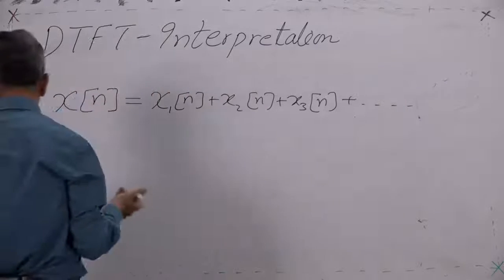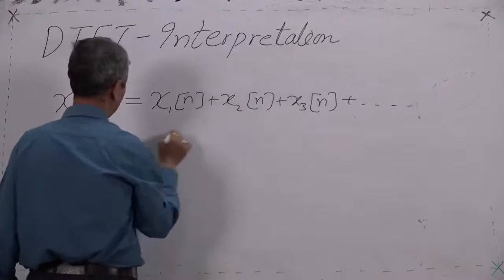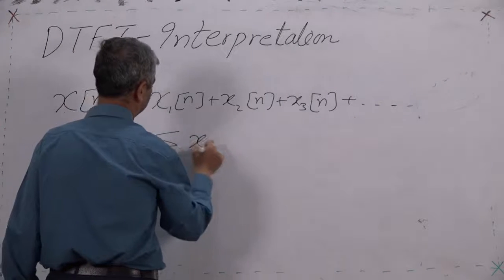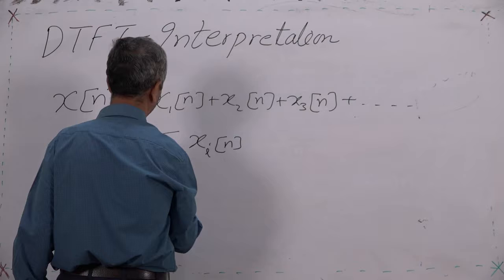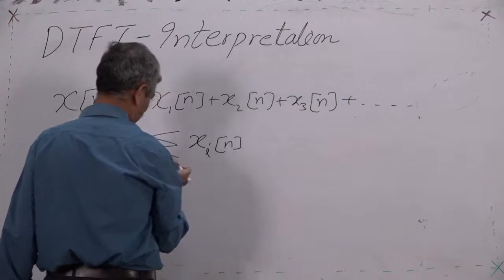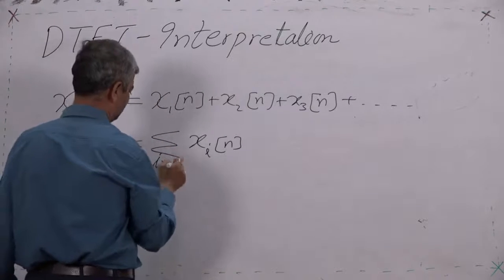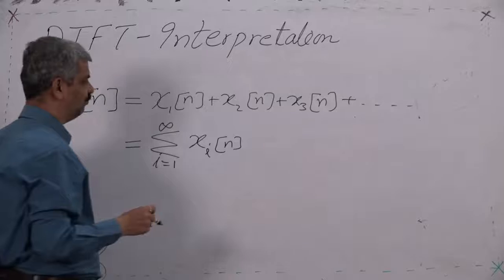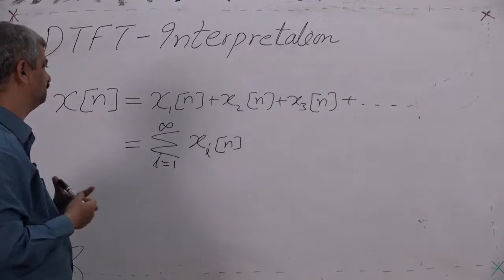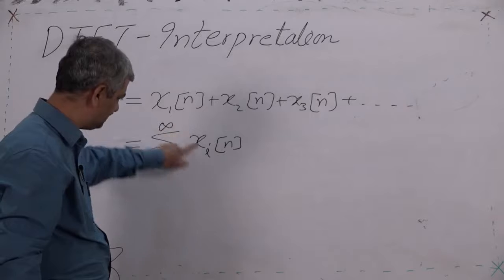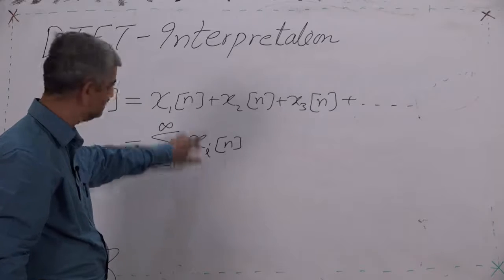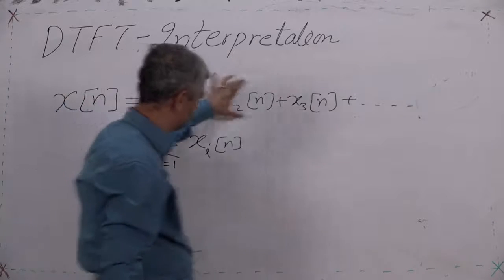So I can say that xn is the sum over i equal to 0, or you can start with 1, that is not so important, to infinity. The summation indicates one signal, one sequence, another sequence, another sequence.